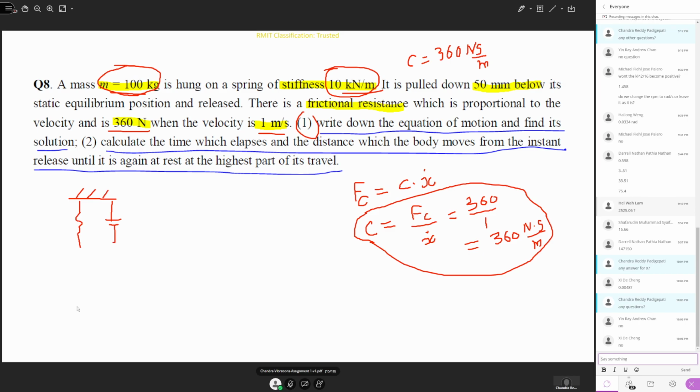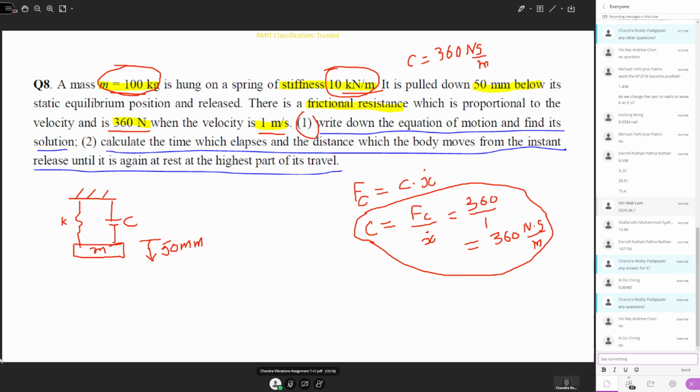Then you have the mass here. Mass, K and C. Okay, so this is pulled down a displacement of 50 mm. So this is the scenario.